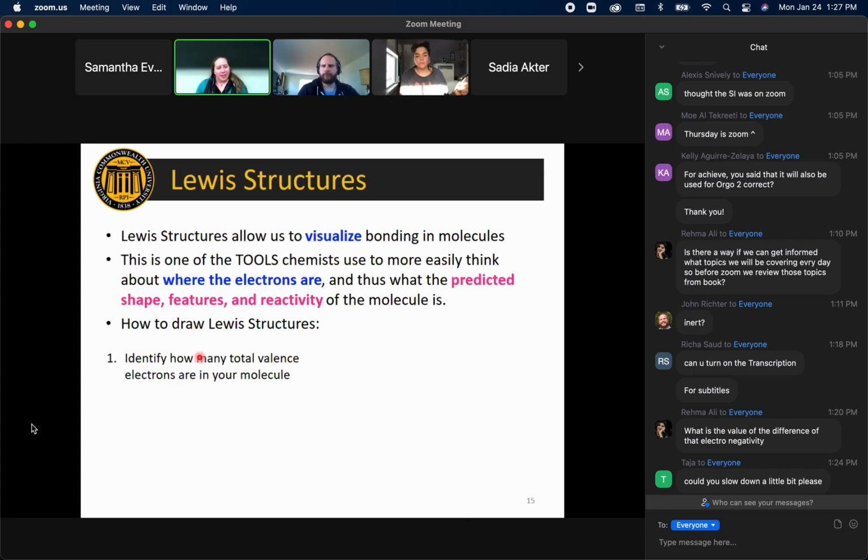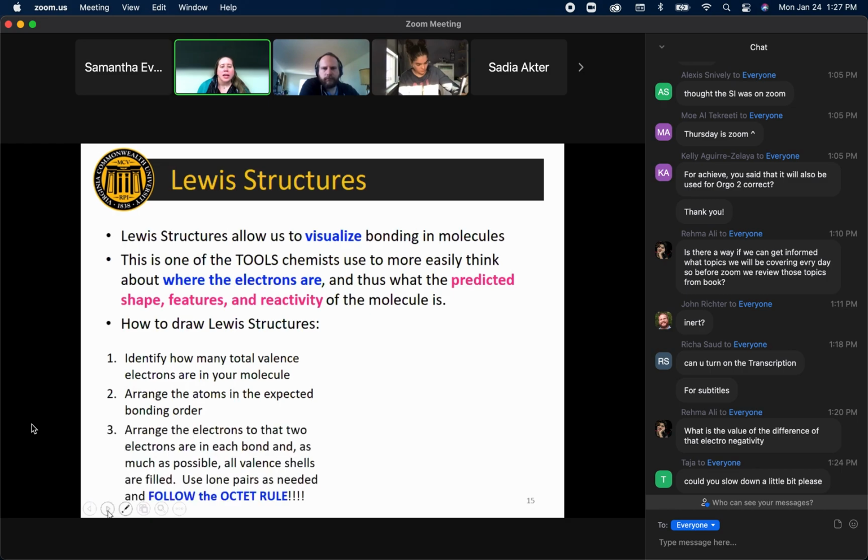Okay, so back to how to draw Lewis structures. Step 1, we figure out how many total valence electrons there are in your molecule. Step 2, we put the atoms in the physical order that we expect them to bond in. I'll talk more about that during some examples, and it'll become more clear. In step 3, we put the electrons into that molecule.